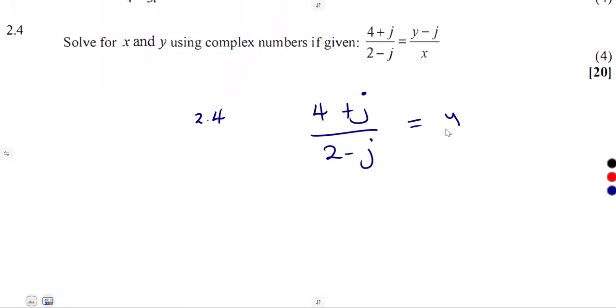Here there is x and y at the same time, simultaneously. Someone can choose to rationalize here, just like the previous case, where you need to make sure that the denominator is a real term, or someone can choose to get rid of the fractions, which in this case, I see it can be an easier option, because here it's just going to be under a product.